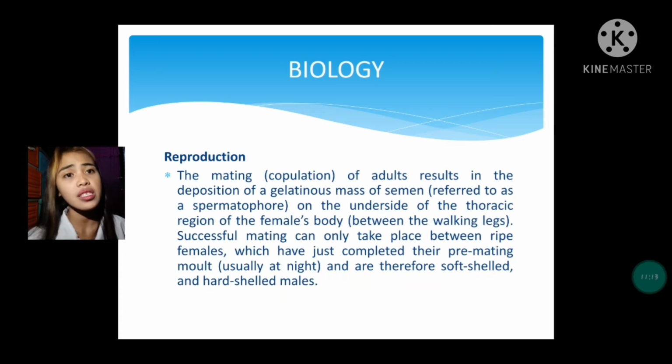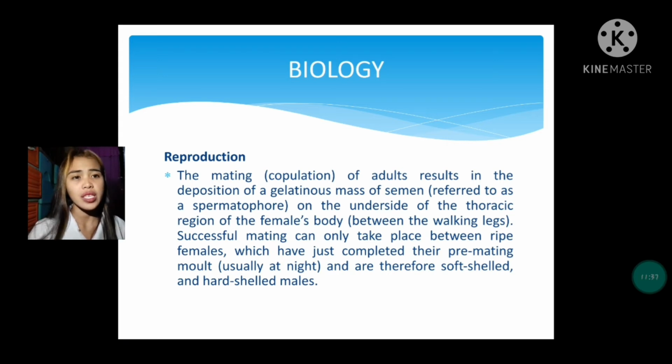The next is reproduction. The mating or copulation of adults results in the deposition of a gelatinous mass of semen, also referred to as a spermatophore, on the underside of the thoracic region of the female body between the walking legs.